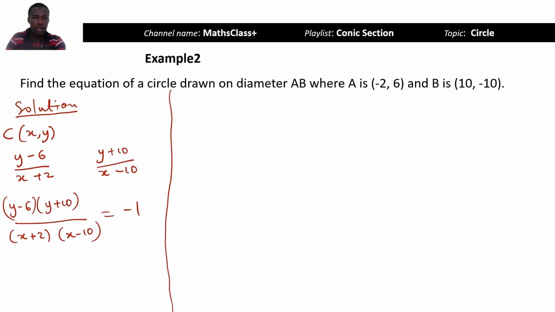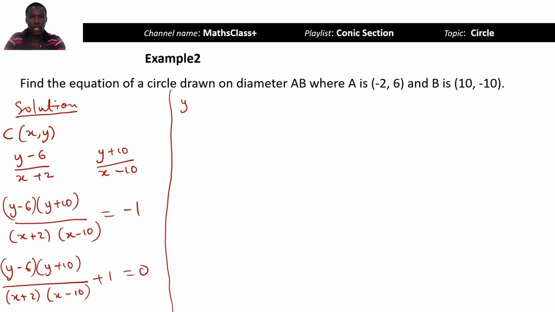Okay, so this can be rewritten as (y minus 6)(y plus 10) plus (x plus 2)(x minus 10) equals 0. And this is equal to 0.